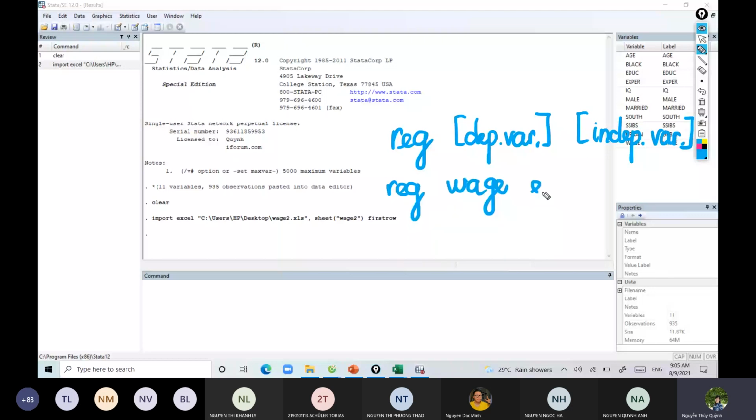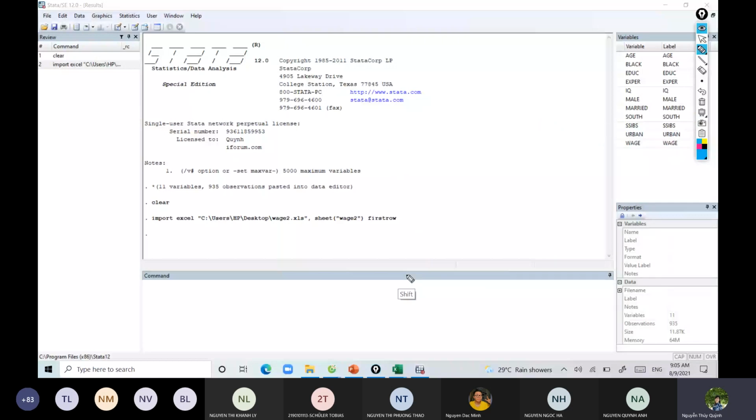Click into the command window and type reg; regress is also possible. Now we want the dependent variable. Move your mouse to the variable names here and click on it, and the name will appear in the command window. Now reg weight edu.